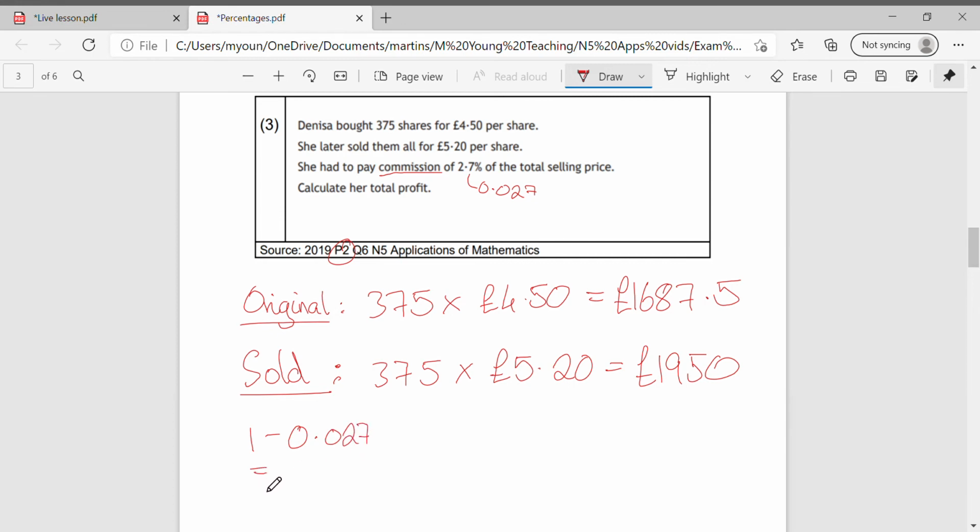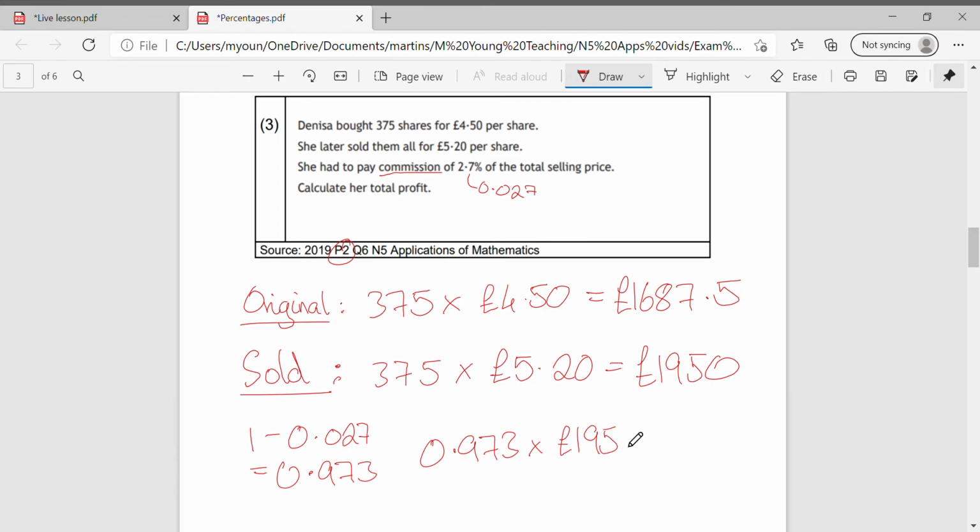Do it in your calculator to make sure you don't make a mistake here. So it's 0.973, and that's what we're timesing this by, because that's what she's going to be left with. Obviously, you could do 0.027 times this amount and then subtract. Probably much easier to do this in one step.